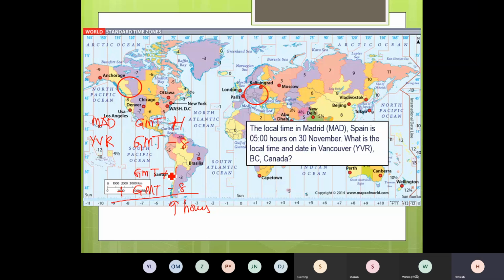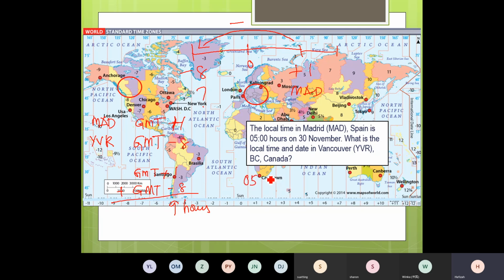Correct or not? Do a timeline like this: this one is 0 and this one is minus 8, this one is plus 1. So this one is the Madrid time, right? Now they want to know the time here, so you go to here. It will be minus, because it is 9 hours behind Madrid.